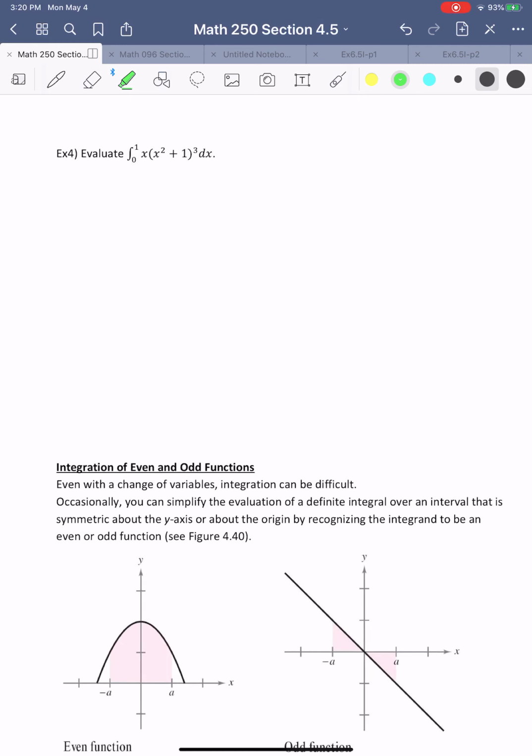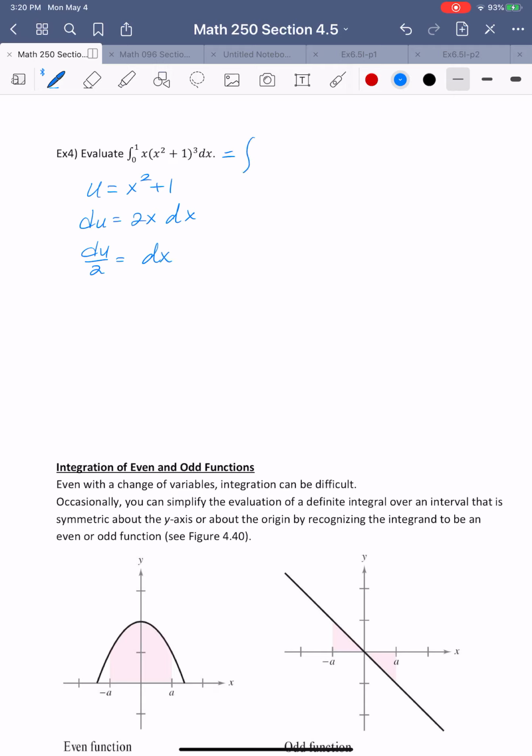Alrighty, so number 4. In order to evaluate this, I want to say u is x squared plus 1, so du is 2x dx, and then du over 2 is the same as x dx.